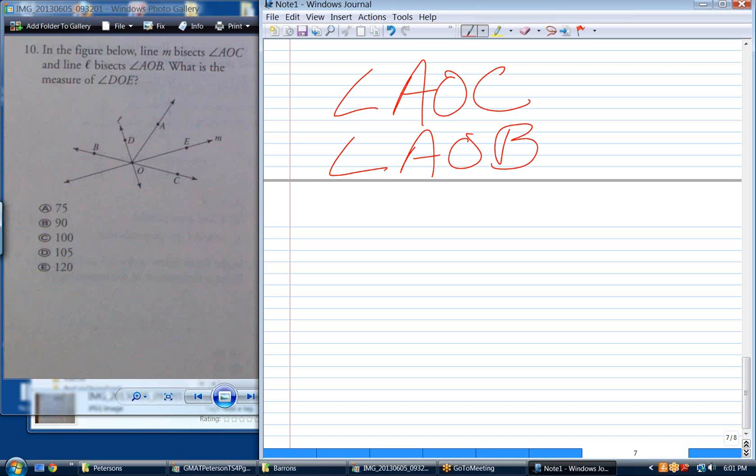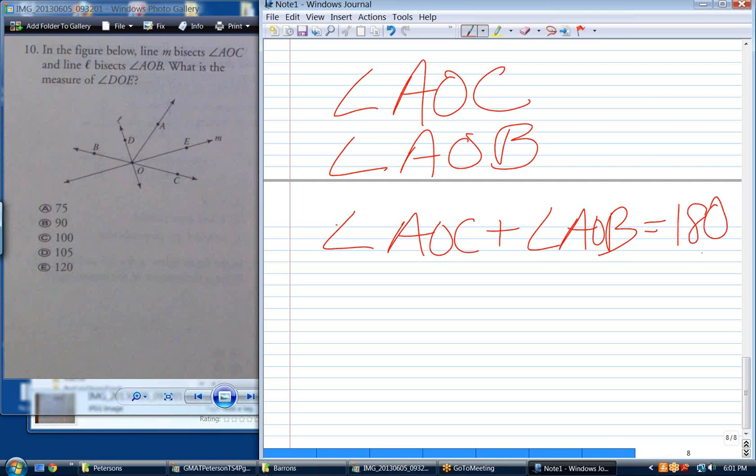They are supplementary. They add to 180 degrees. So angle AOC plus angle AOB equals 180. Well, wait a second.